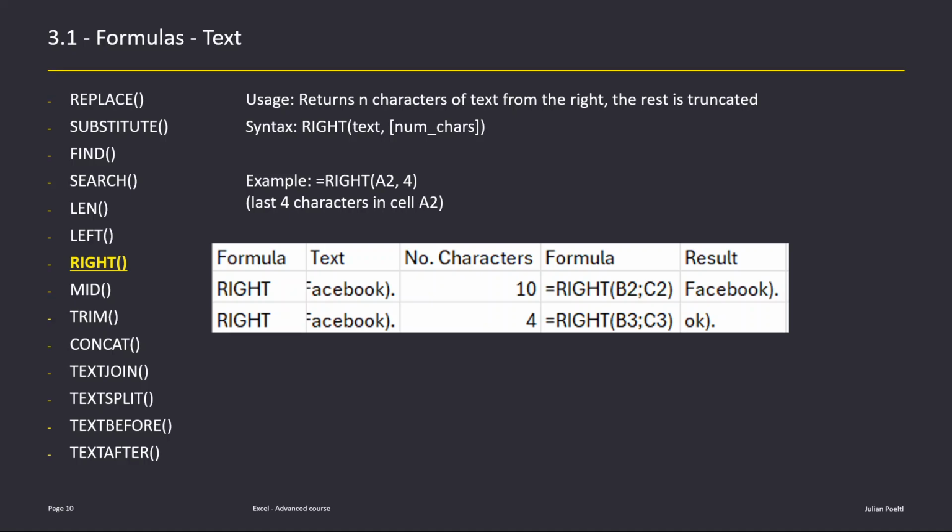Right does the same, but from the right, so it returns n characters from a text from the right. The rest will be thrown away. So 10 characters from a text that ends with Facebook, close brackets, point, will be as a result Facebook, close brackets, point, and 4 characters from the right will be OK, close brackets, point.